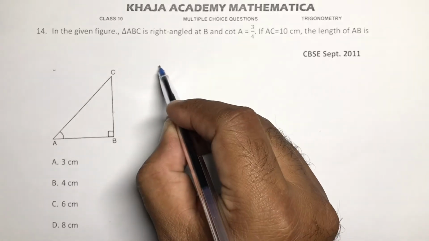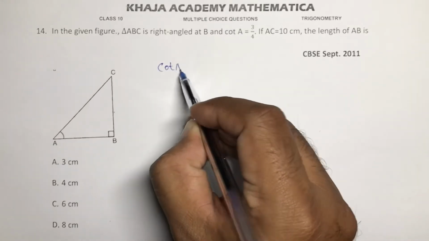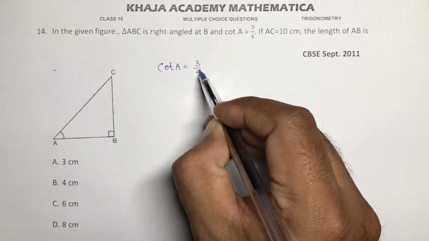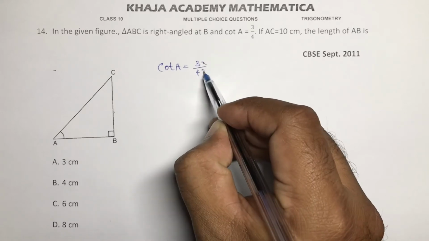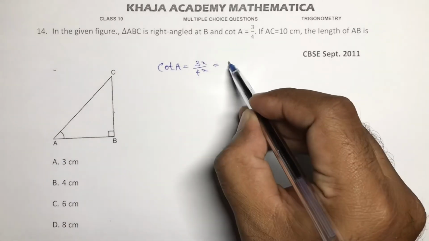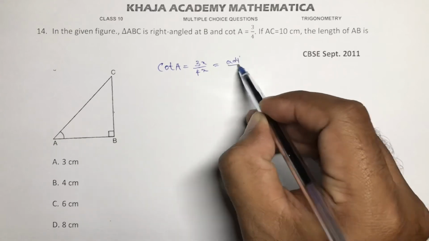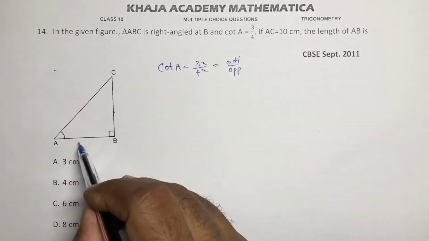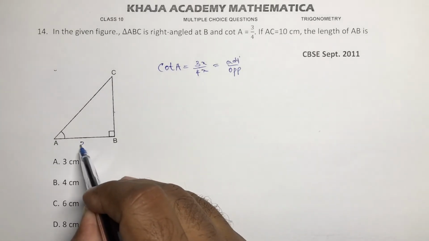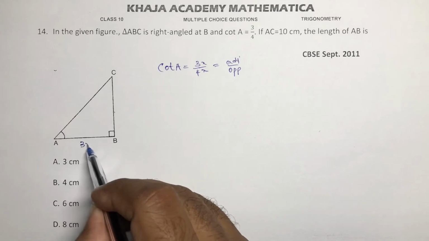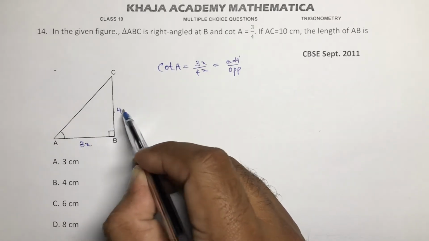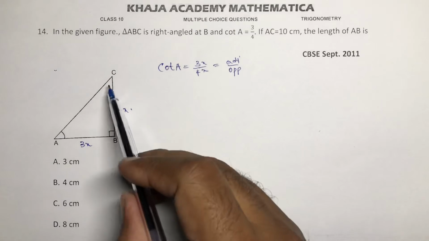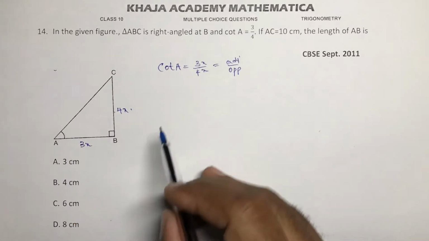In the given figure, triangle ABC is right angled at B and cot A is 3 by 4. I'll take 3x by 4x. So cot theta is adjacent by opposite. For angle A, adjacent is 3x and opposite is 4x. Now I'll apply the Pythagoras theorem to find AC.